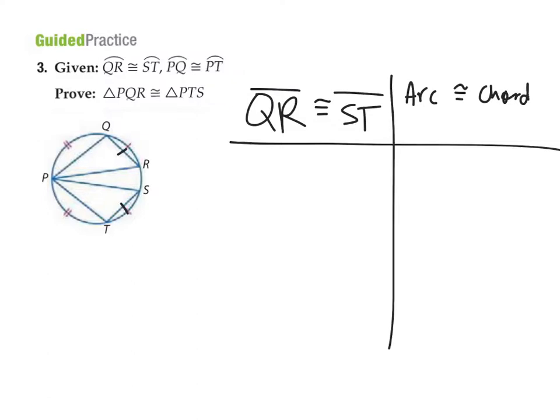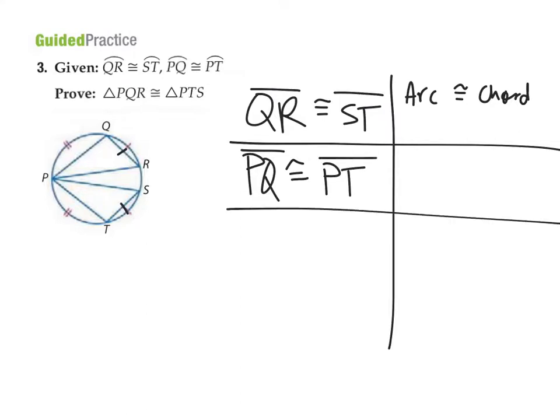And then they also tell us that arc PQ is congruent to arc PT, so by the same reason, chord PQ is also going to be congruent to chord PT. If the arcs are congruent, then the chords are congruent. That's why we can say that.